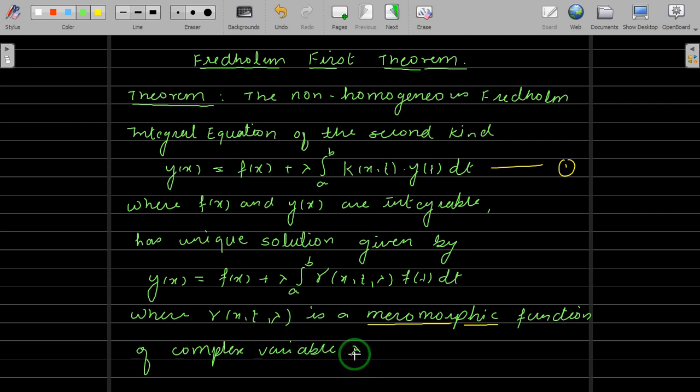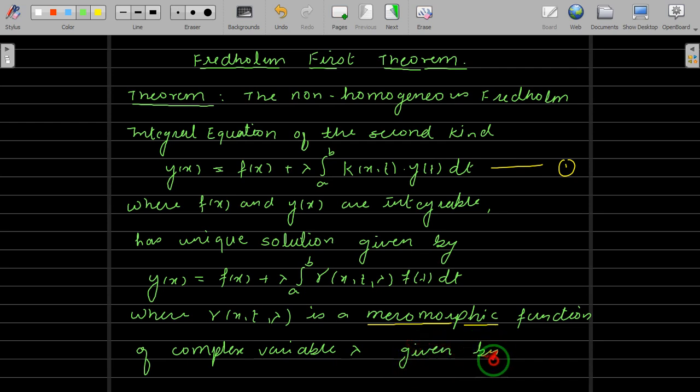Now remember, when you say complex variable lambda, we are assuming that lambda is a complex number, and if it is a complex number it may also be a real number, so don't get confused.